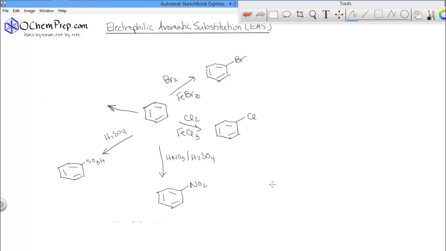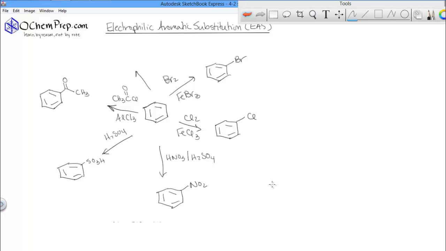The first one is adding carbon as an acyl group, something like this. The Lewis acid we use is AlCl3, or anything that will generate a carbocation will work. And you will get acetophenone by adding that acetyl group to the ring.